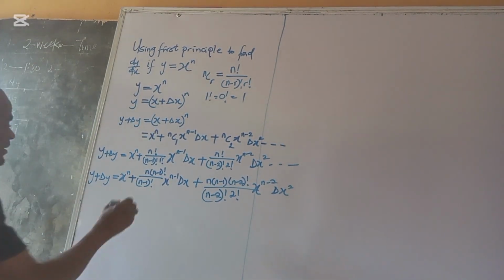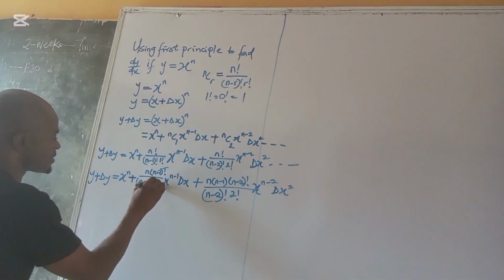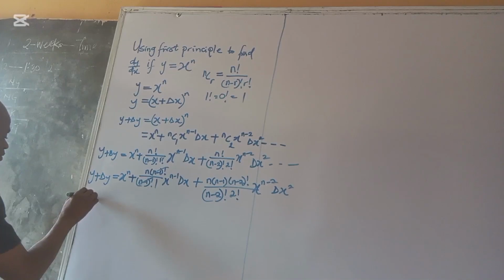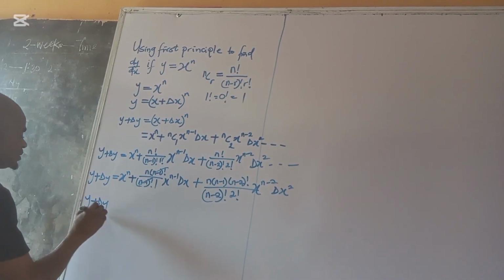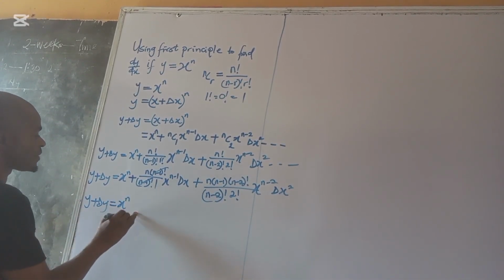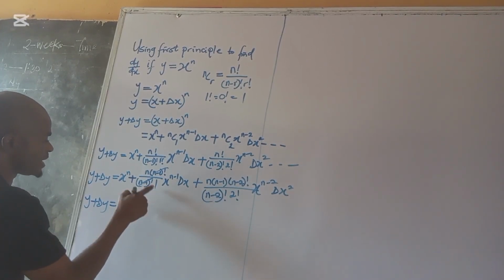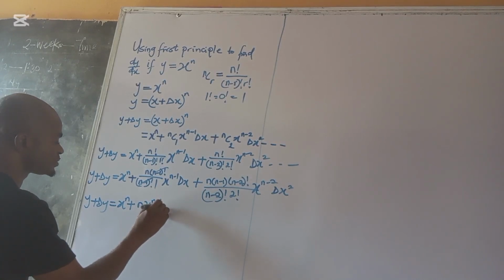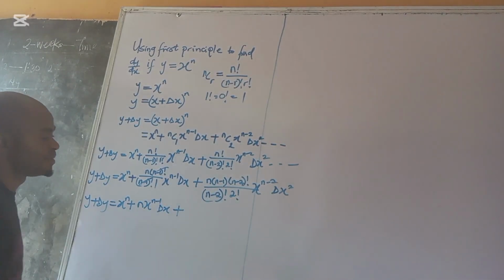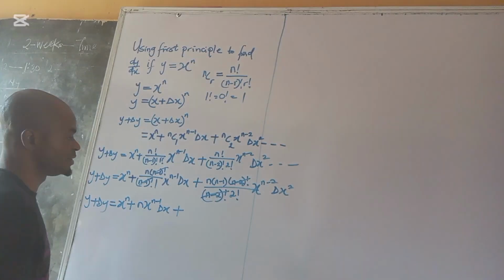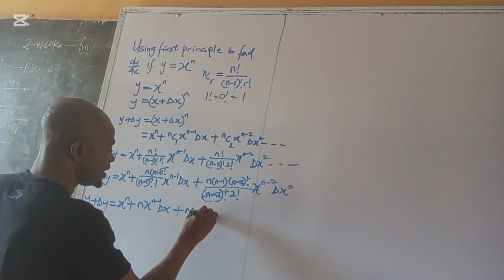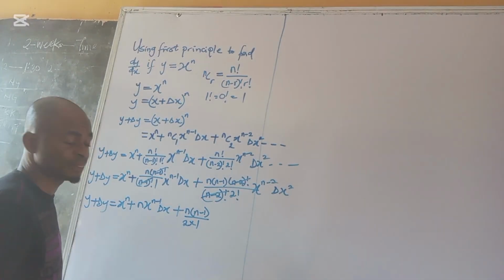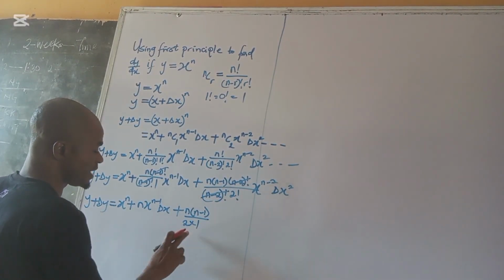What am I saying now? Then this we cancel this. I have 1 factorial, and 1 factorial is equal to 1. So this will be change in y equals x raised to power n plus n over 1, it should be n x^(n-1) change in x, plus n into (n-1), 2 factorial. 2 factorial simply means 2 times 1.